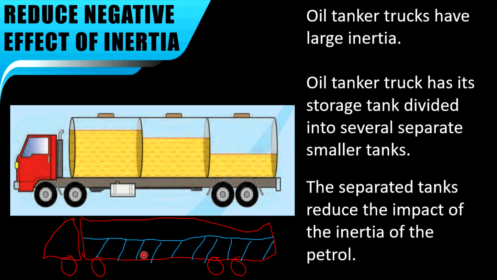If they don't have small compartments, the oil will be distributed like this. Every time the tanker wants to stop suddenly, the oil inside will shake a lot. This will give a huge negative effect of inertia, although the mass of the tanker is the same. So by using different smaller compartments like this, the negative effect of inertia will be reduced.